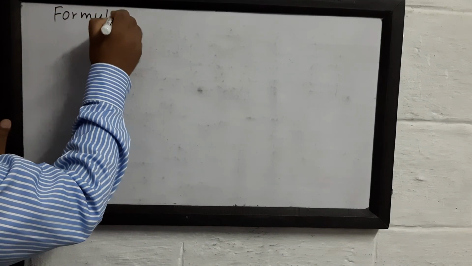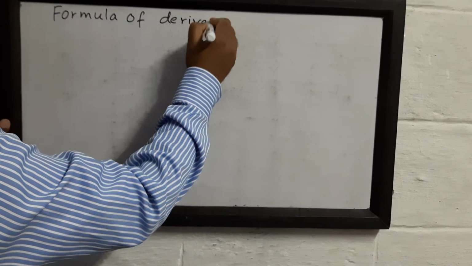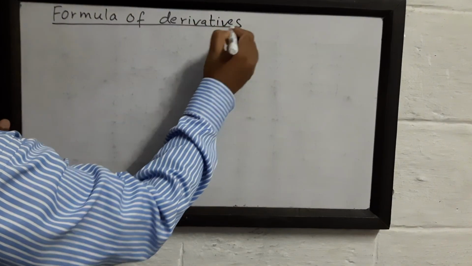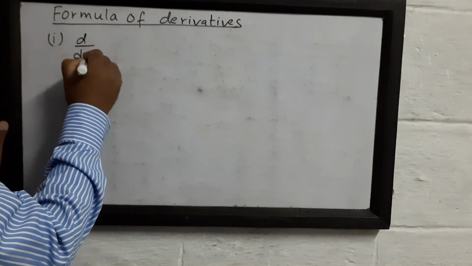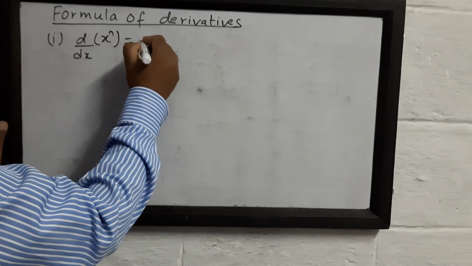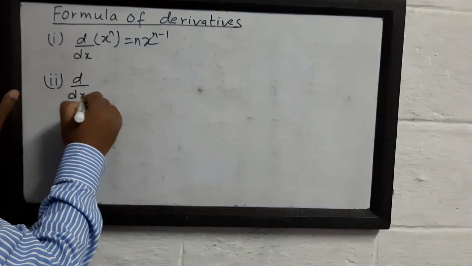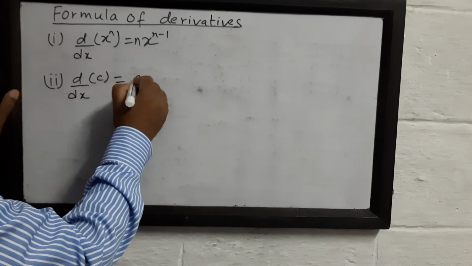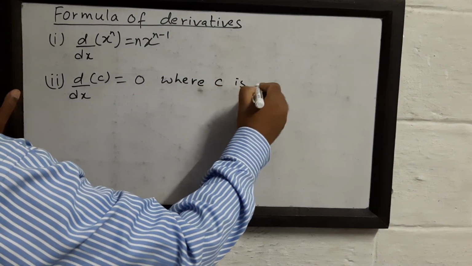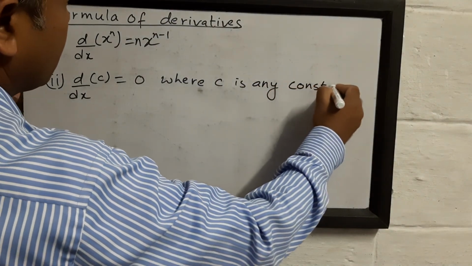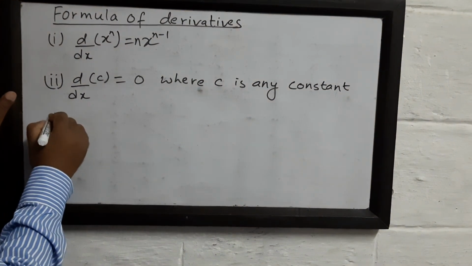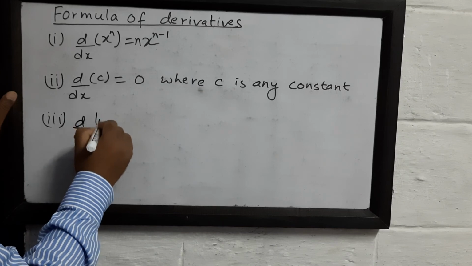So let's review the formulas of derivatives. d over dx of x to the power n equals n times x to the power n minus 1, and similarly the derivative of a constant c is 0, where c is any constant, and the derivative of log x.